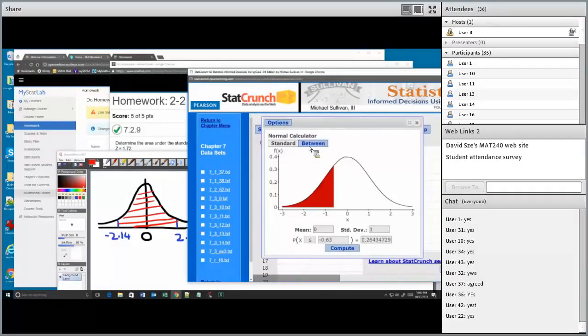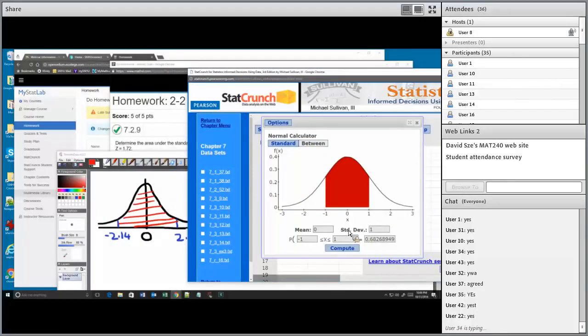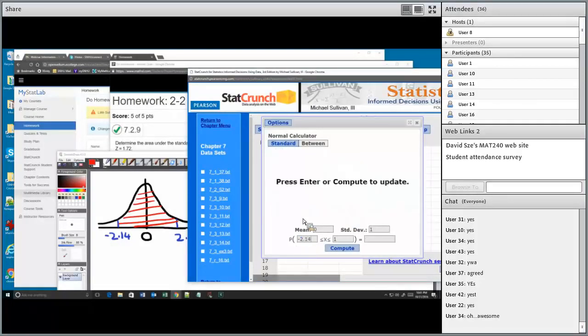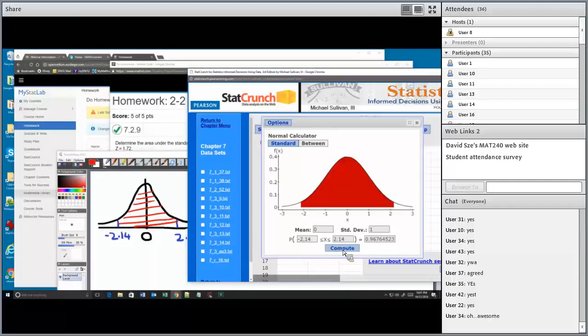So look at this. There's an option called between. Let's click on this. Aha. It helps us calculate areas in the middle of two values. How awesome is that? So now all I have to do is type minus 2.14 and 2.14, and look at this.